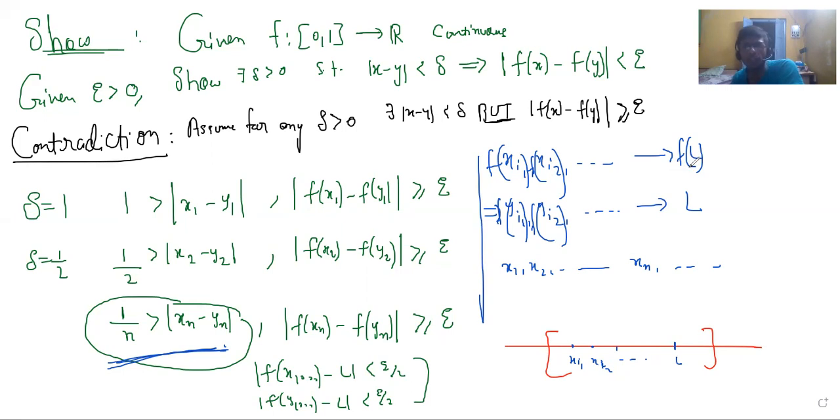Yes, and that was important. So that's what I realized just now. Let's say you were in an open interval and the limit was at the endpoint. We have to assume it's an open interval, otherwise it will be inside.